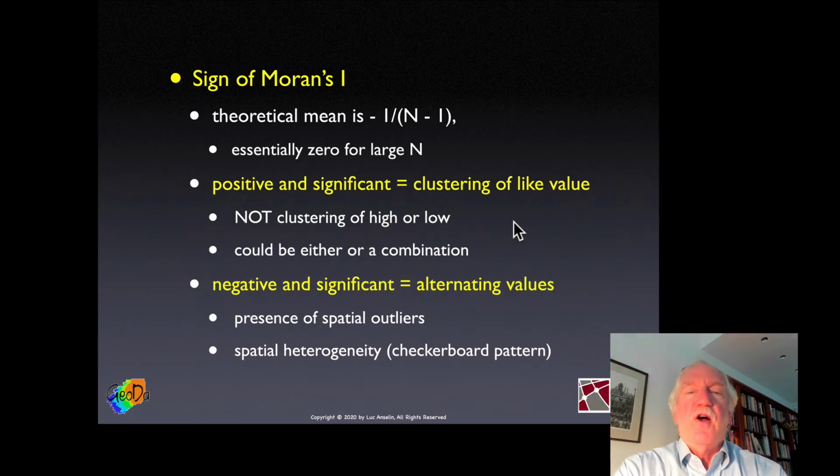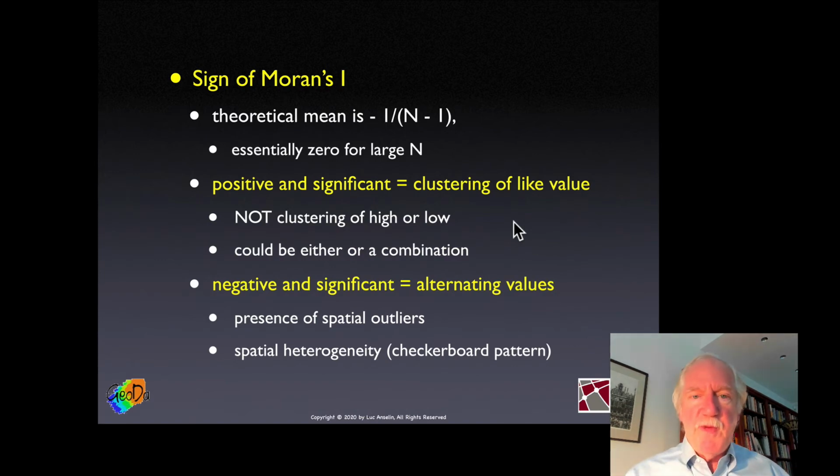There's an example in the literature of a misinterpretation of Moran's I. It has to do with the stroke belt. The stroke belt is a region in the south and east of the United States where, for decades, there has been an elevated incidence of strokes.